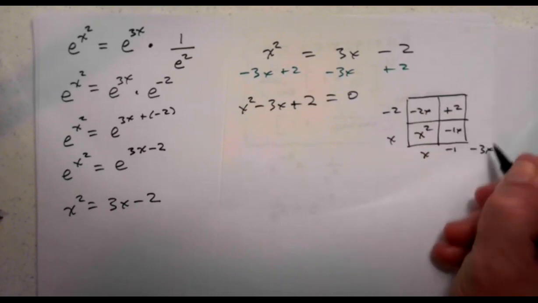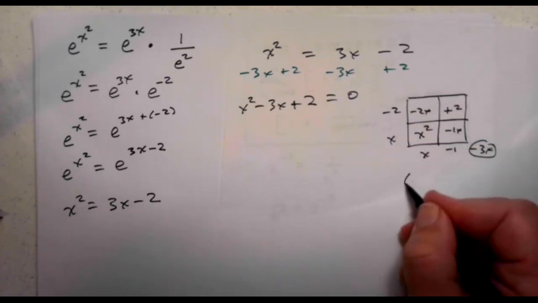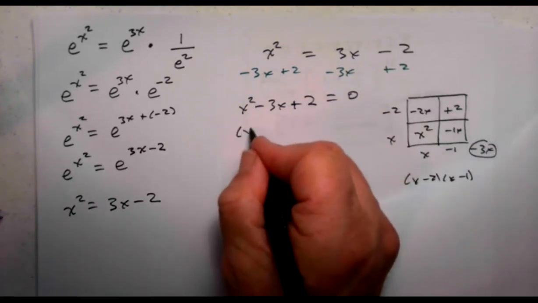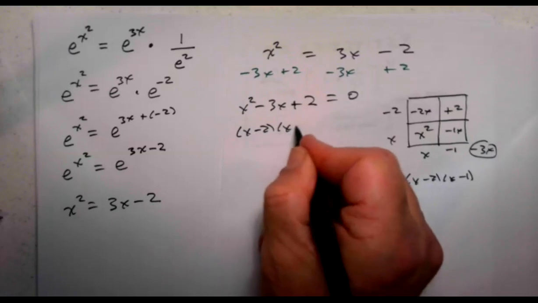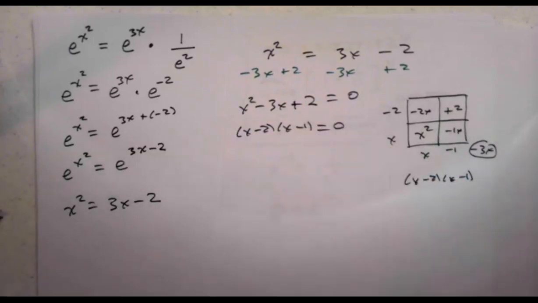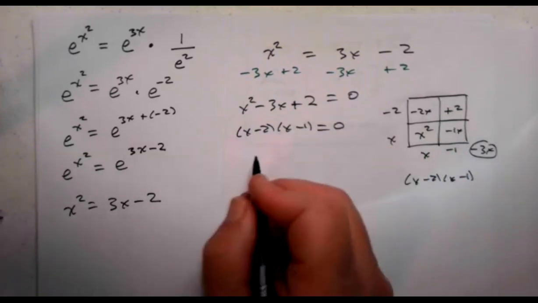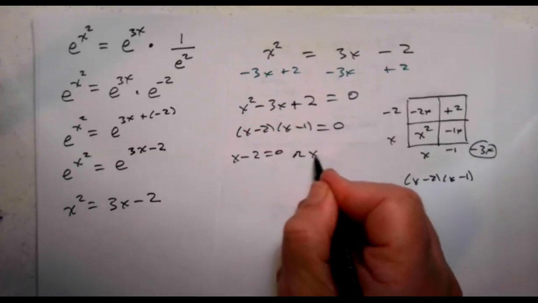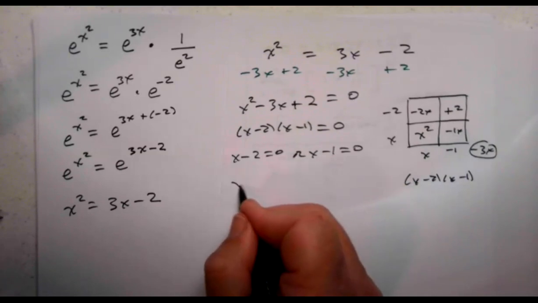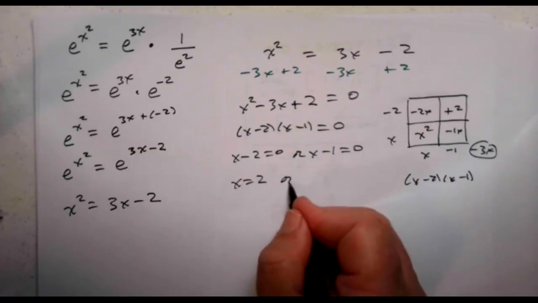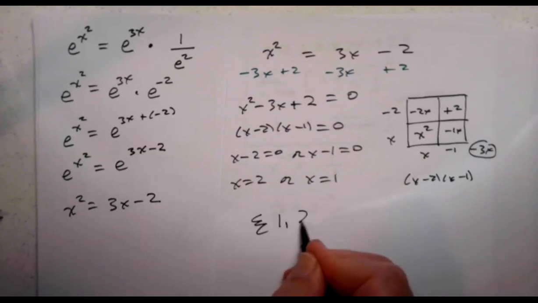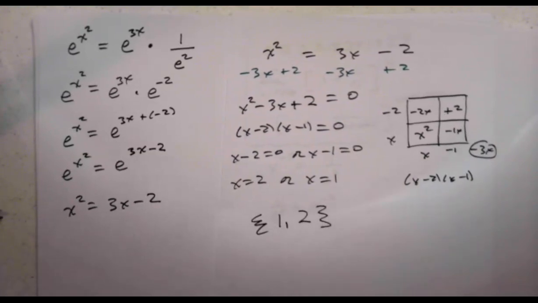Minus 2x minus 1x is minus 3x, so I get x minus 2 times x minus 1. So of course that means x minus 2 is 0 or x minus 1 is 0. So we get x is 2 or x is 1. Using the curly brace notation, we believe those are the two answers.